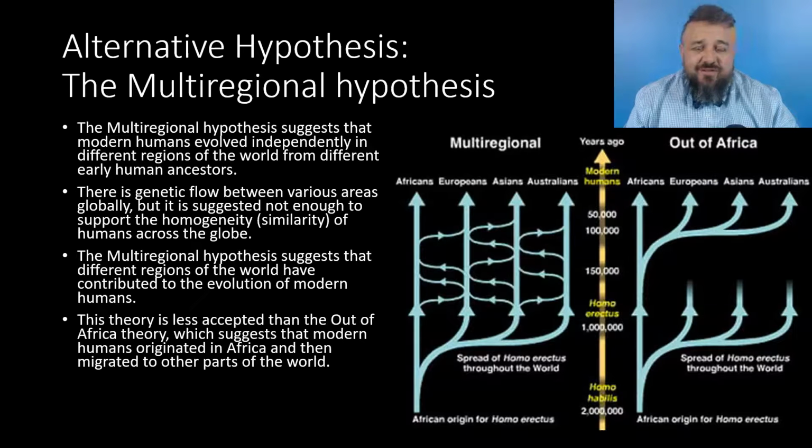Now, there are alternative hypotheses. You'll notice I don't call them a theory, because a theory is actually a highly regarded body of knowledge. The multi-regional hypothesis suggests that humans evolved in lots of different places and then interbred to get a bit more homogeneity, so similarity amongst the population. That's because there's gene flow, and in a way that probably wouldn't really be possible.